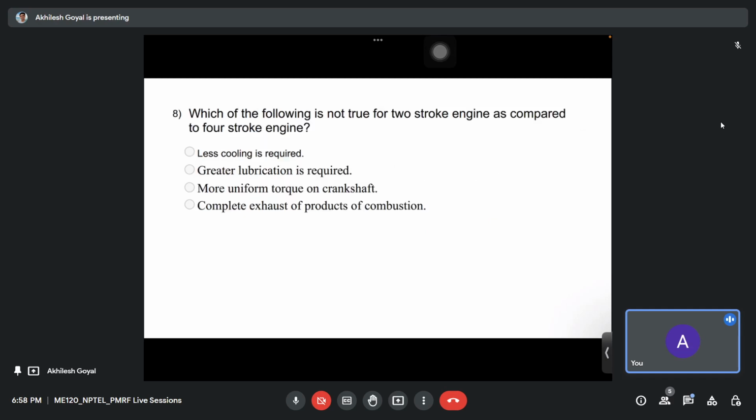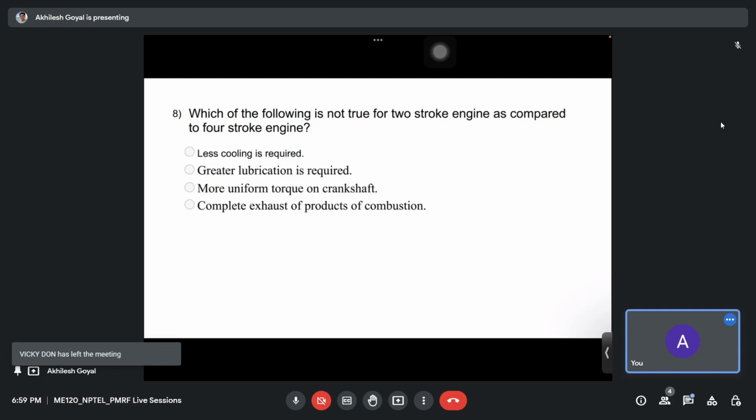So this next question is which of the following is not true for two stroke engine as compared to four stroke engine? Okay, so yeah, we have to compare two stroke engine as well as four stroke engine, and we have to see like which of the four options is not true.